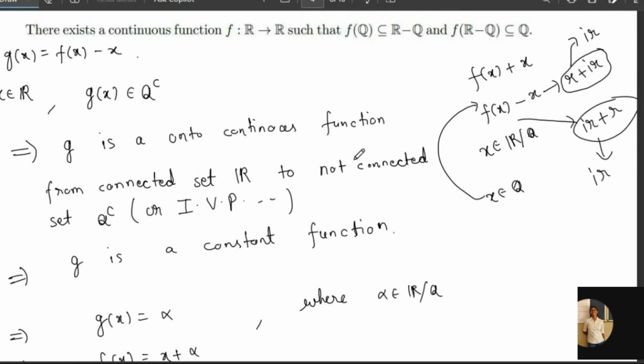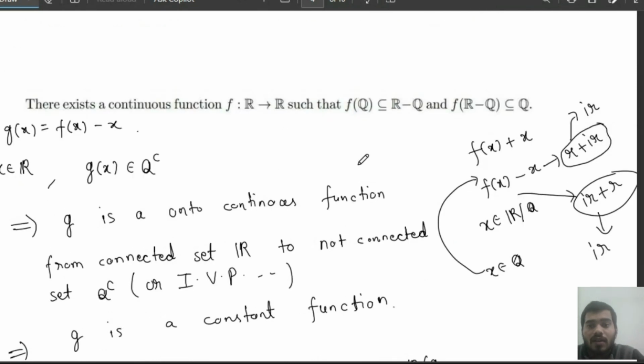How did you conclude that g is an onto function? Onto continuous function from R to Q complement, because it will take all the Q complement, or not even Q complement. You can say on some subset of irrational numbers. Because even if it is continuous and it will map R to some subset of irrational numbers, then also it has to be constant, right?